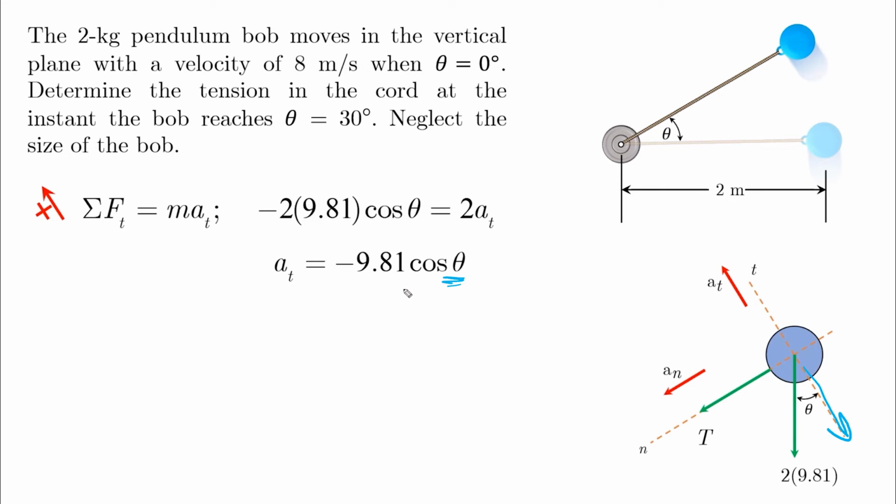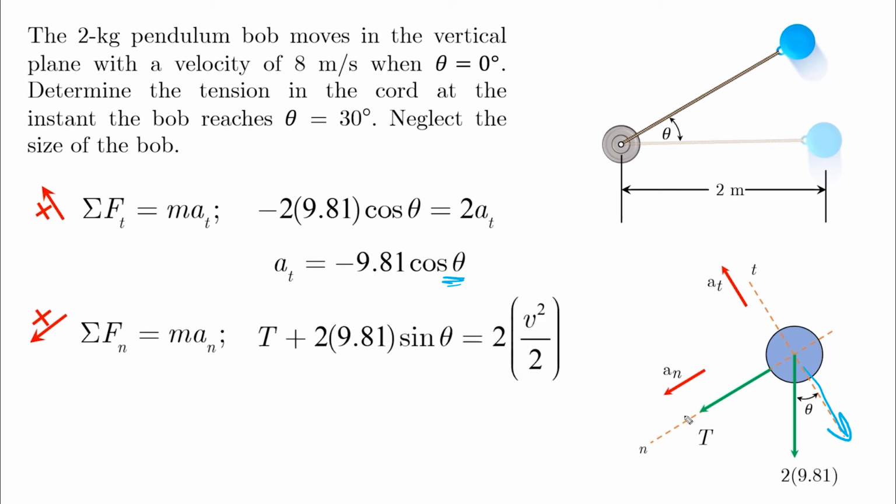In the normal direction, we have the summation of forces as follows. We have the tension along the normal, and this component of the weight, which is also positive, and this is equal to m a_n, or m v squared over rho, and rho is 2 meters.